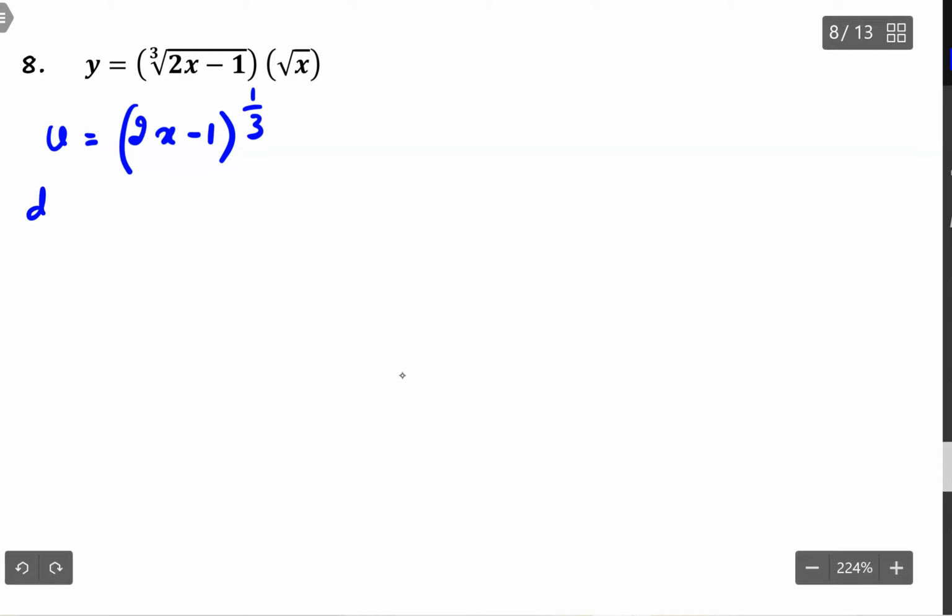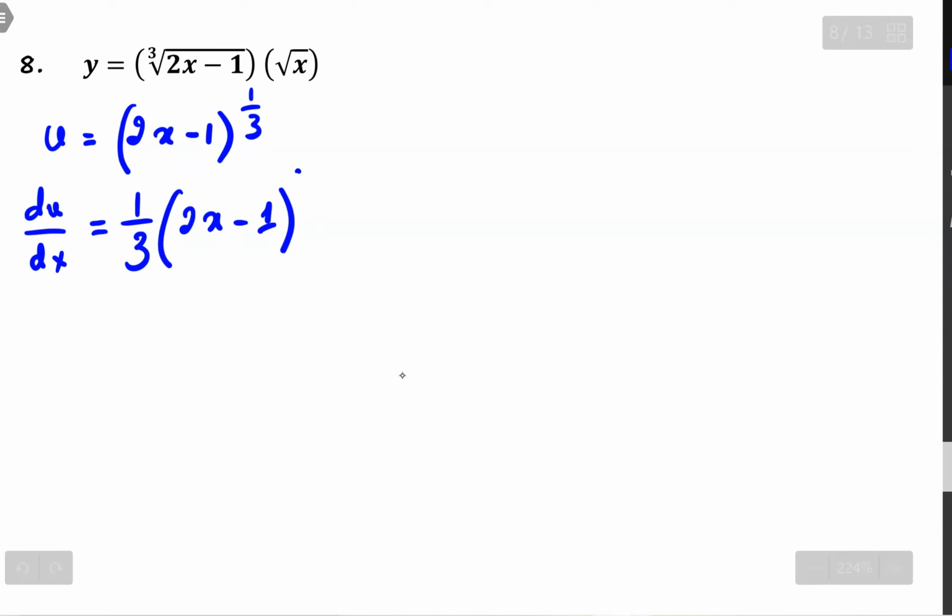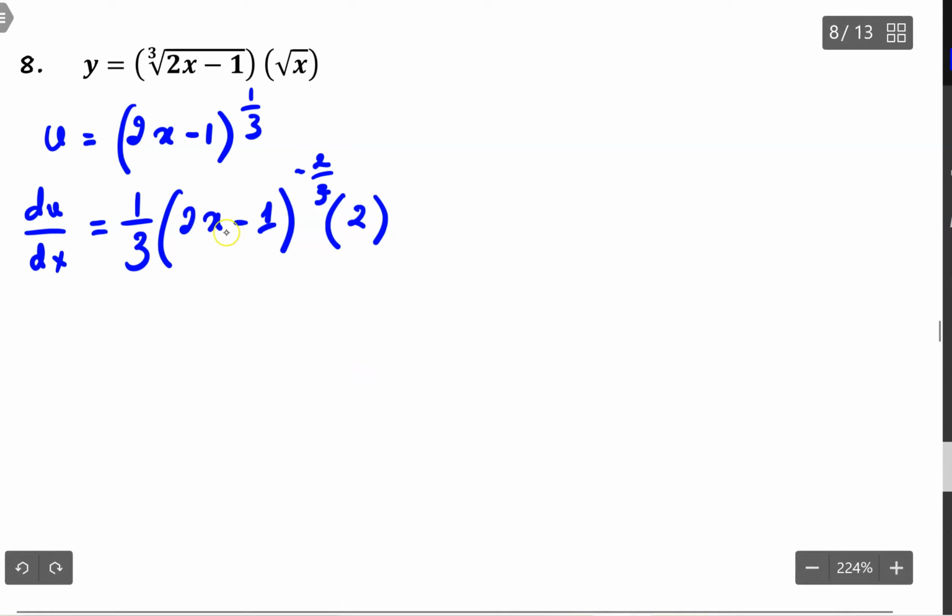Then du over dx will be 1/3 times 2x minus 1 to the power 1/3 minus 1, which is minus 2/3. And the derivative of 2x minus 1 is just 2, so don't forget that you need to apply the chain rule in this case.